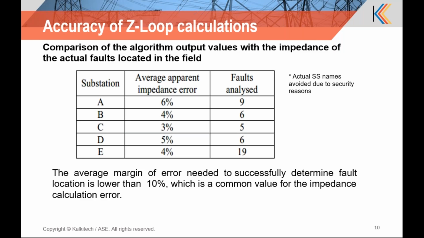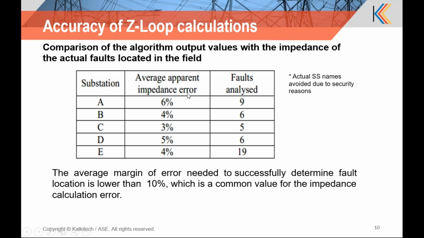And accuracy of loop impedance calculation. I have taken an actual substation case in which we are running the loop impedance algorithm. Five substations we have taken, and what is the fault that has come? It is an overhead line substation, what is the number of faults that has come up, and from the loop impedance value predicted, what is the error in percentage?